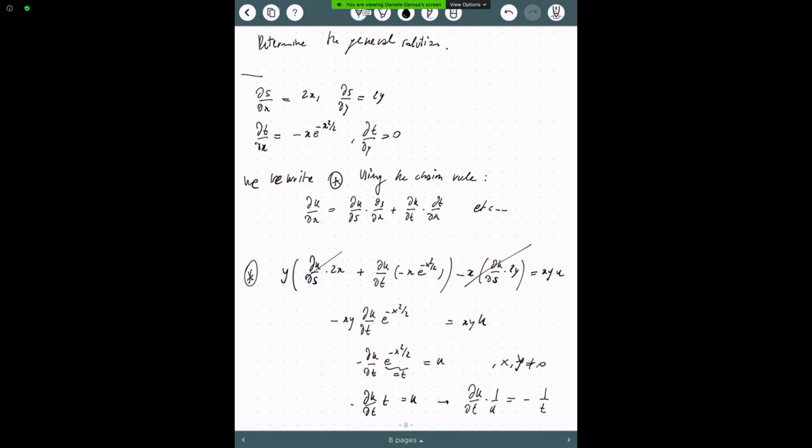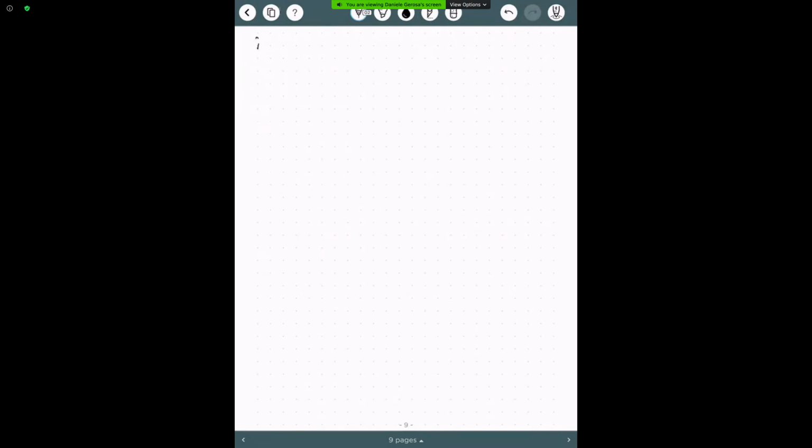And if we integrate in t both sides, we get the logarithm of u is equal to minus the logarithm of t plus some constant c.